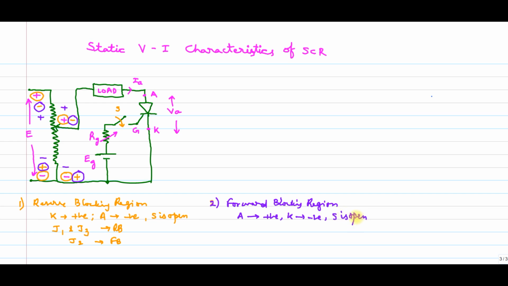Till now we are not touching the switch S. So junction J1 and junction J3 are in forward bias and junction J2 is in reverse bias. As J2 is in reverse bias, we need to provide more and more voltage. A very small leakage current flows under normal voltage conditions, so it doesn't conduct.